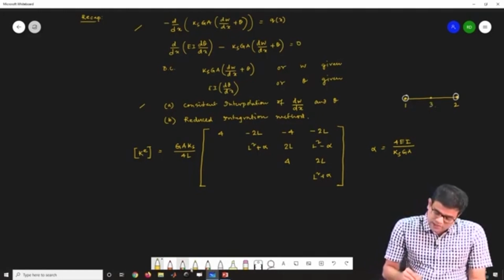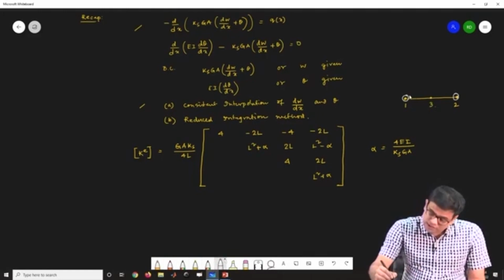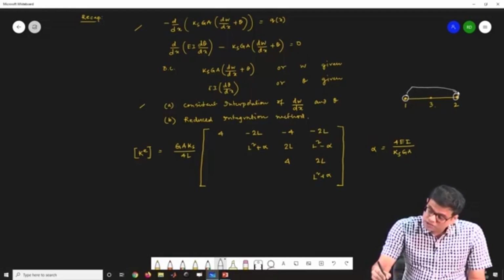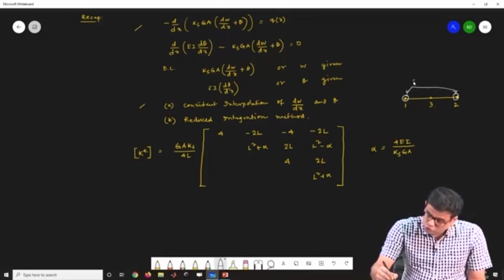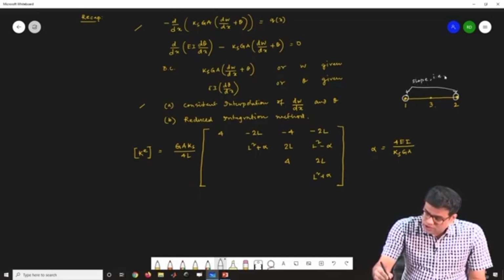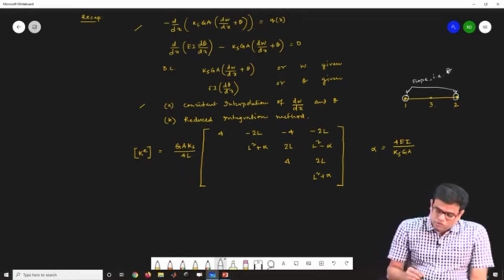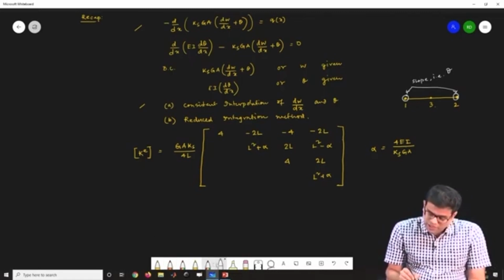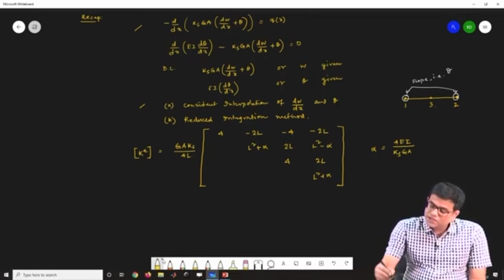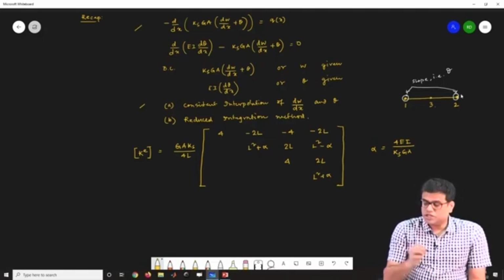So these are displacements, and these are rotations. These are the rotation interpolation, that is the slope interpolation, theta. Now theta is linearly interpolated, and these 3 are displacement interpolations.